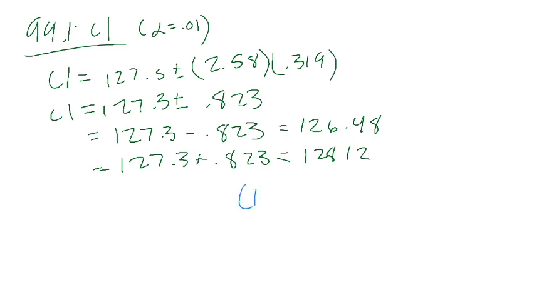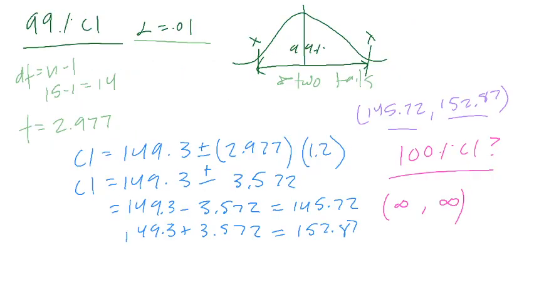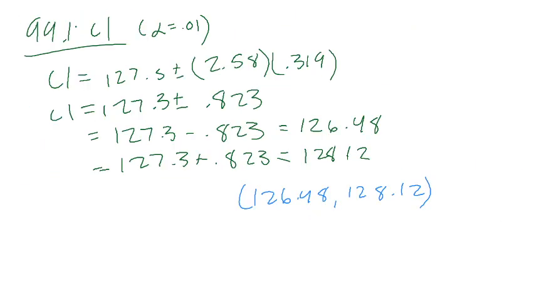We got 126.48, 128.12. So notice that this is a wider range, and remember that is because we are more confident. If you want to be more confident, you need to widen up your range. That's what we were talking about back here with negative infinity to infinity, right? If you want to be completely confident, you need a wide range.